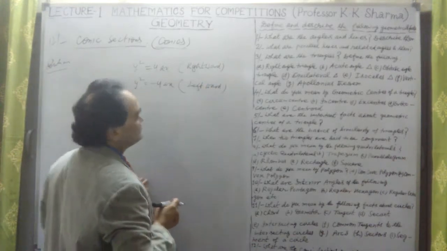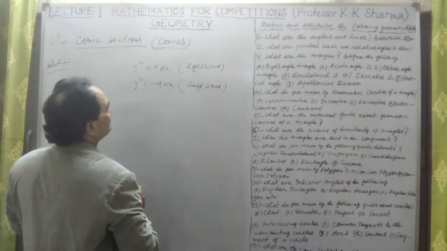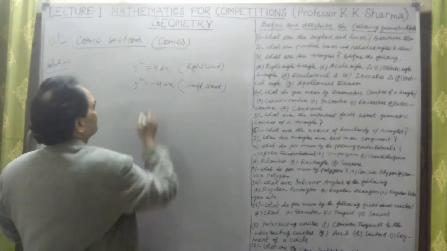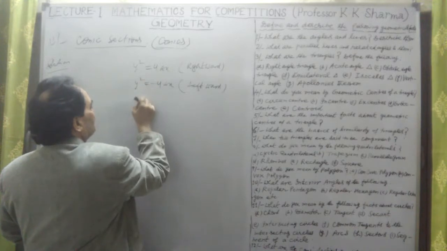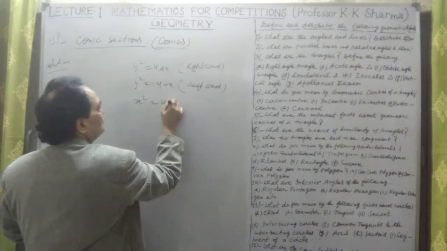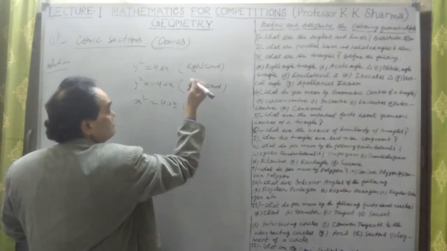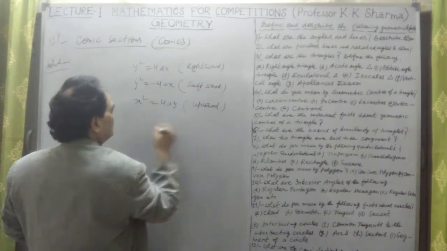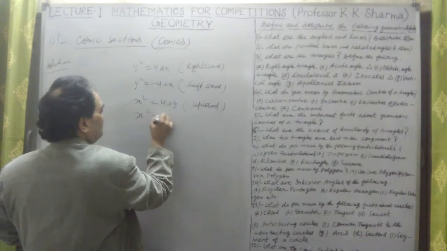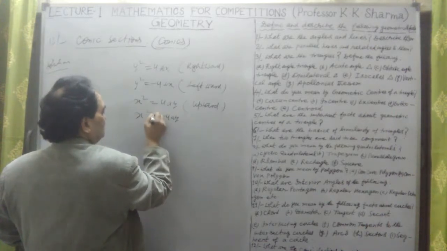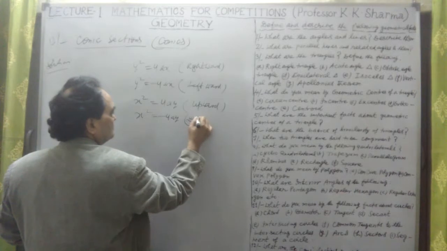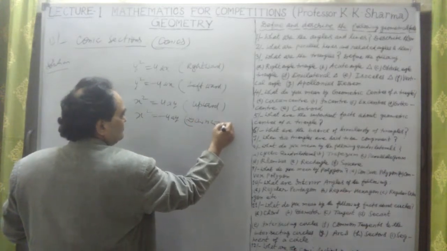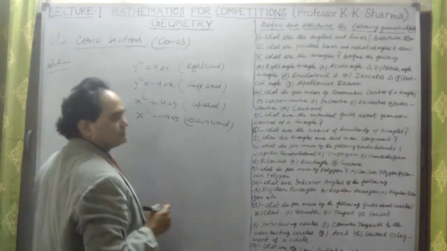Then x square equal to 4ay, this is upward parabola. And x square equal to minus 4ay, this is downward. So these are the 4 forms of the parabolas.